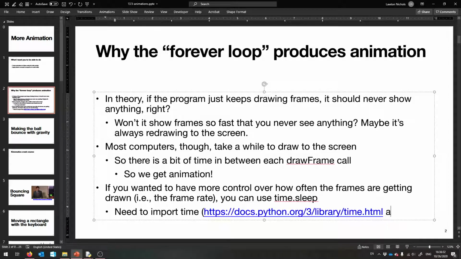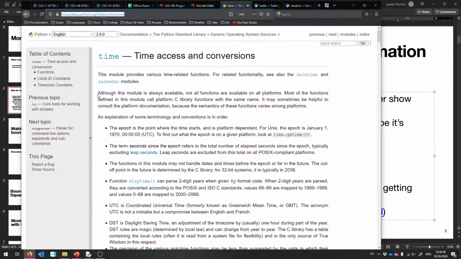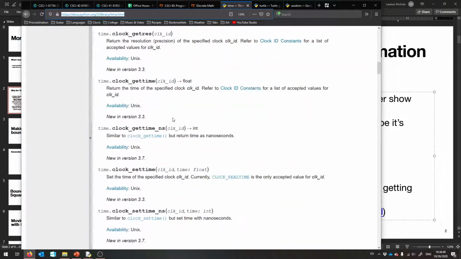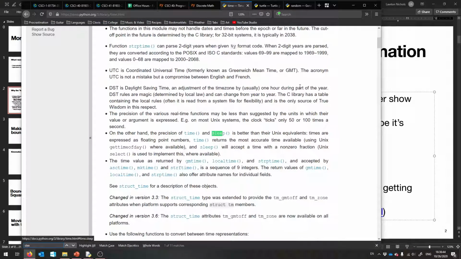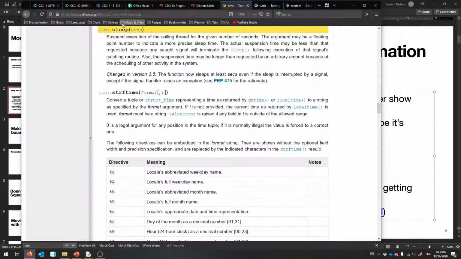And here's the documentation for the time module. Let's take a little bit of a look at this. You have all these time dot things, but the one we're looking for is sleep. There it is. You just give it a number of seconds that you want to stop the program from executing.